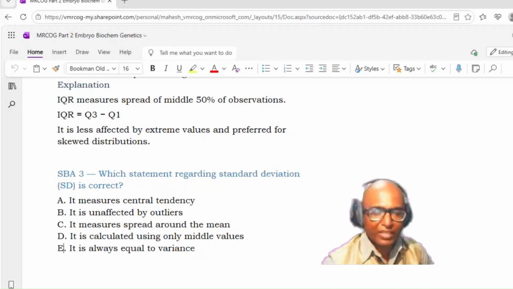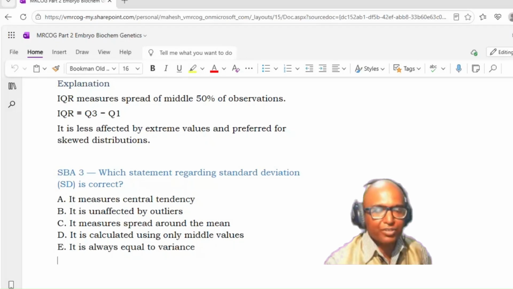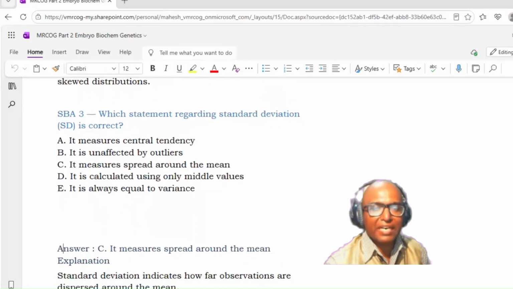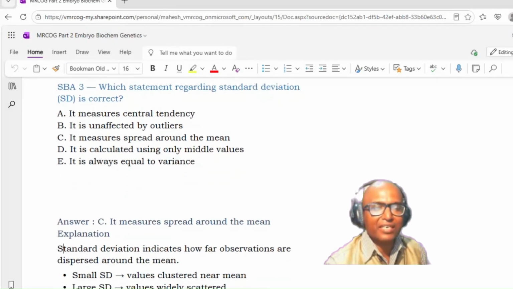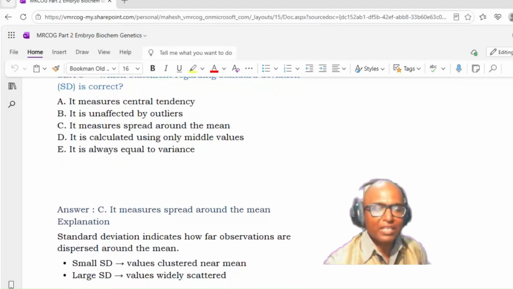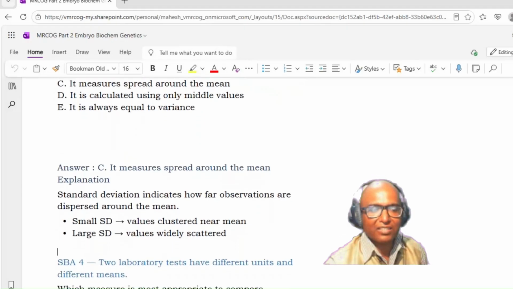Standard deviation is with respect to mean, while coefficient of variation is about the inter-individual observation. Standard deviation indicates how far observations are dispersed around the mean. Small is the SD, values are clustered near the mean. Large is the SD, that means values are widely scattered. Next.